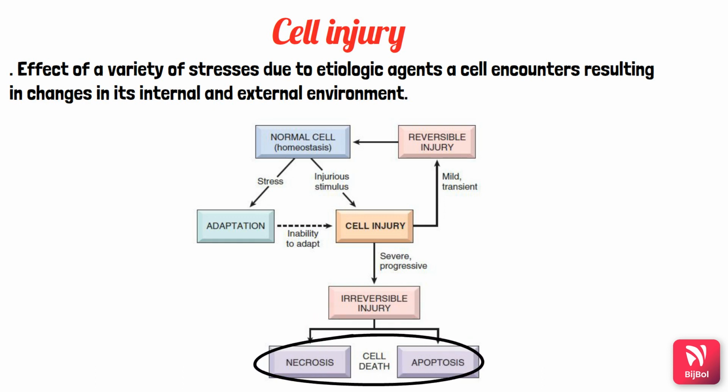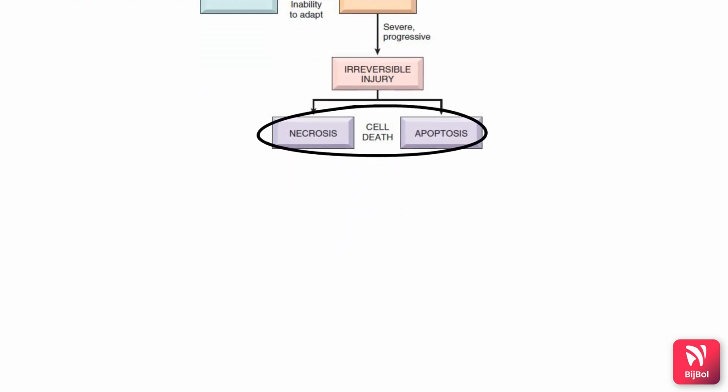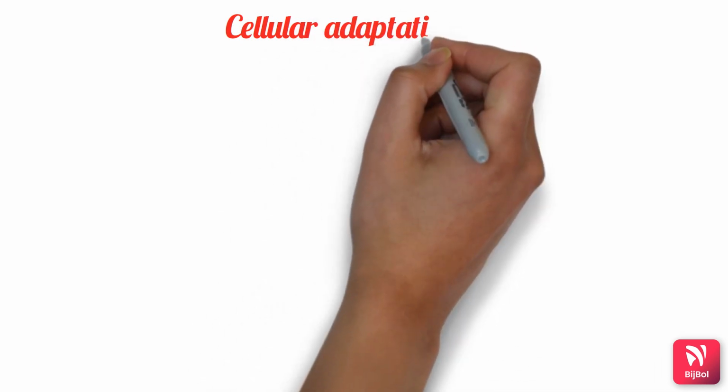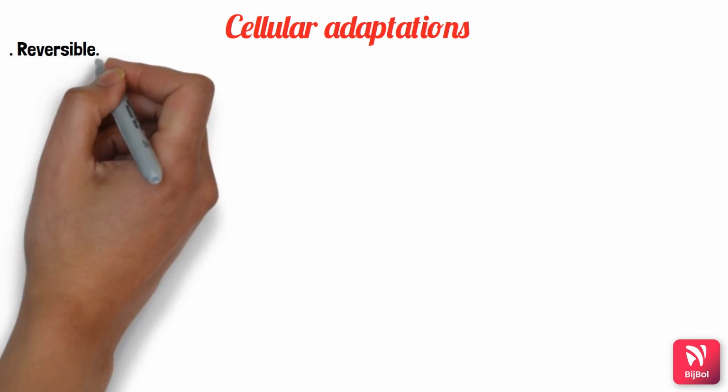The next topic of discussion is cellular adaptations to stress. Basically these changes, like I told before, are reversible. That means if the stimulus is removed, they can go back to the normal state of homeostasis.